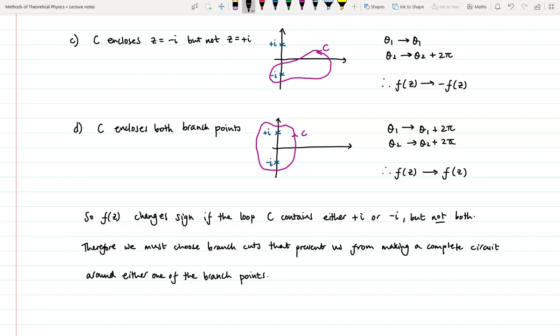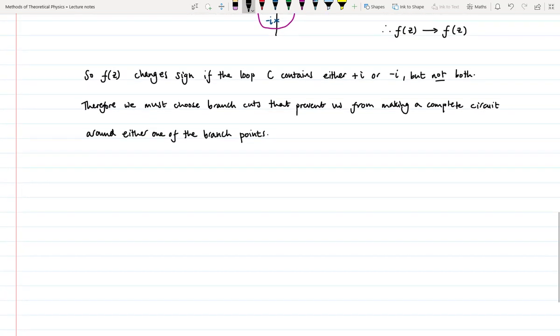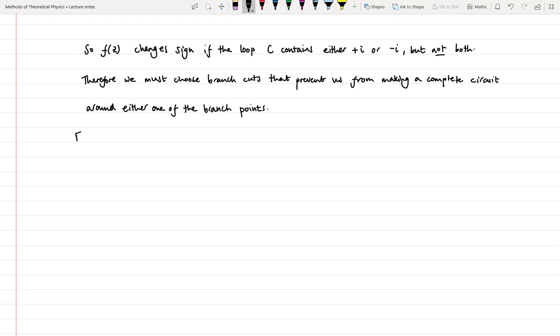This is similar behavior to what we saw for the square root example in the previous video. We therefore must choose a branch cut that prevents us from making a complete circuit around either one of these branch points at plus and minus i. For example, we have the imaginary part of the input to our function and the real part, with branch points at plus i and minus i.